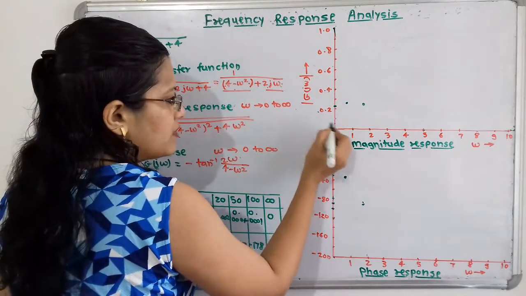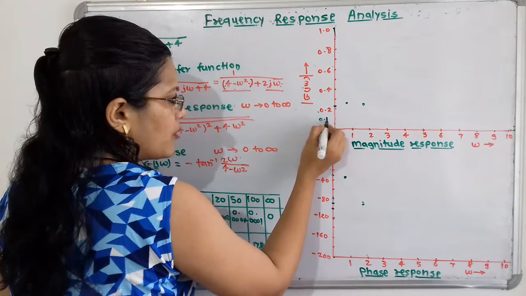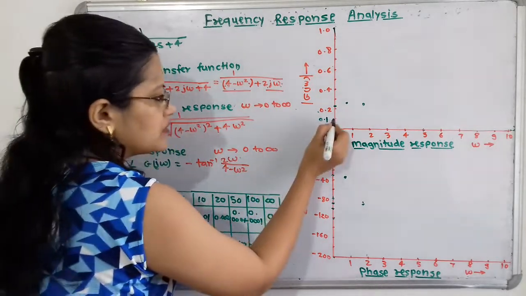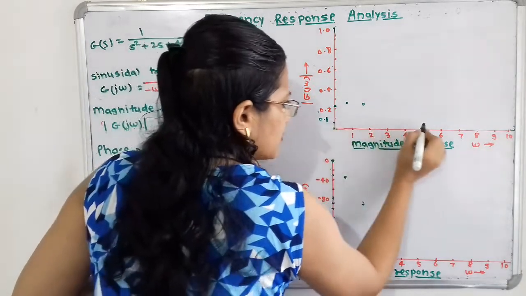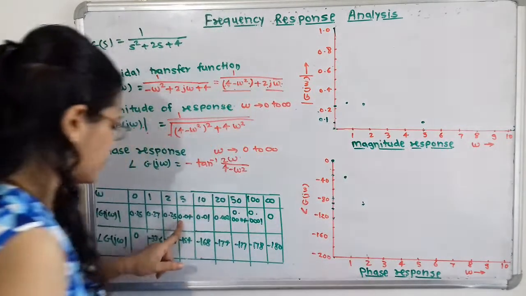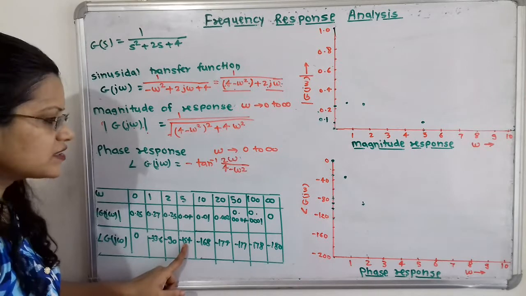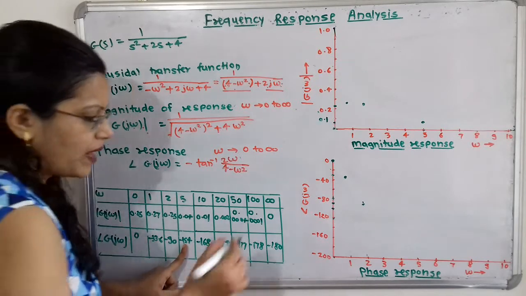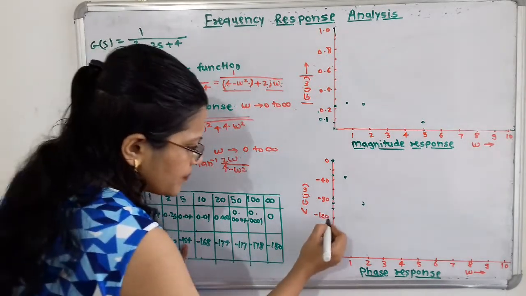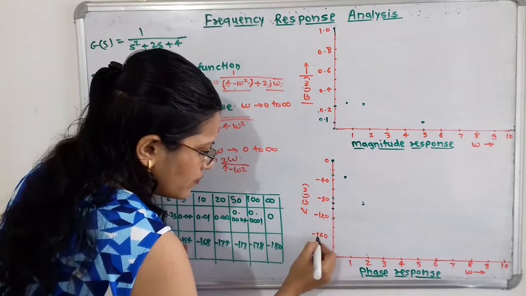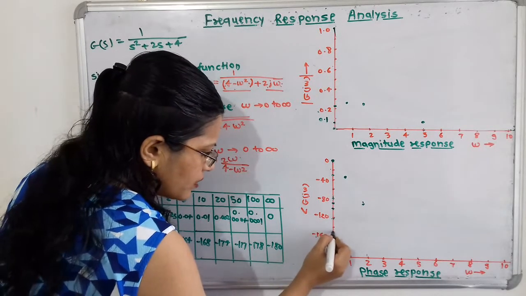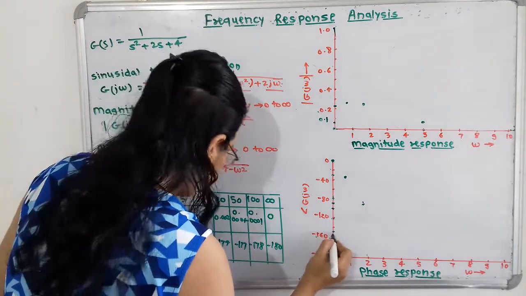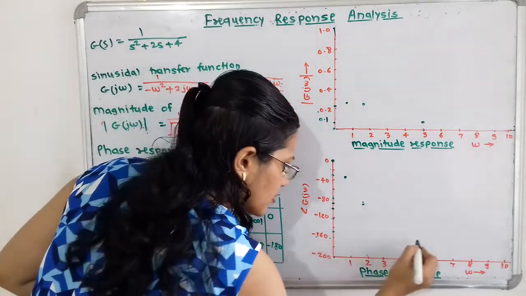Here is 0.1, so 0.04 is somewhere here. When omega is equal to 5, I will plot one point here. The angle is minus 154, which is between minus 120 and minus 160, so I will plot the point here.